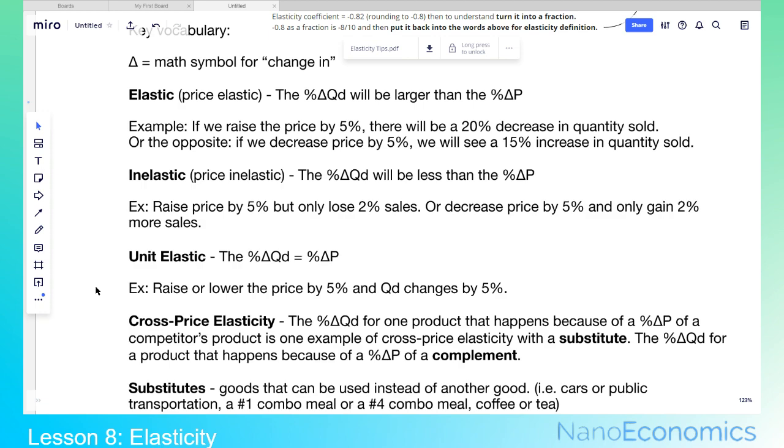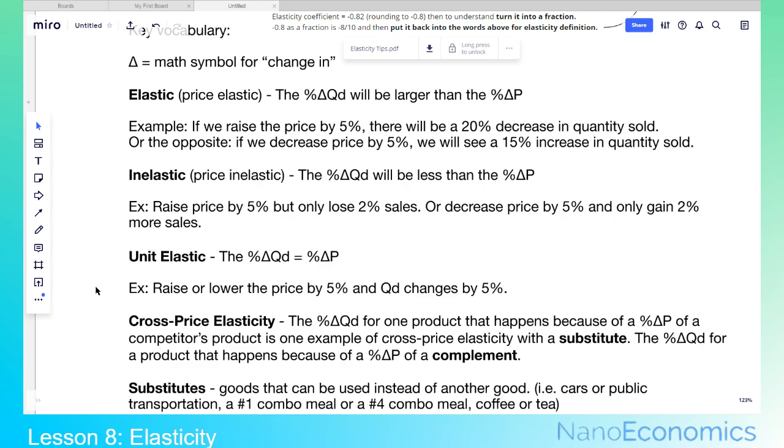So for this section, what we're going to do is introduce the vocabulary of elasticity, and then we're going to get into how it actually relates to the stuff we've already talked about with substitutes and complements and normal goods and inferior goods.